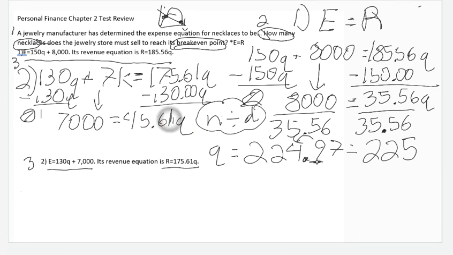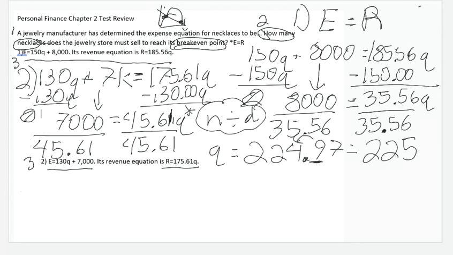Again, we still want to get the Q by itself, so I'm going to divide by $45.61. Remember, it's numerator divided by the denominator again.